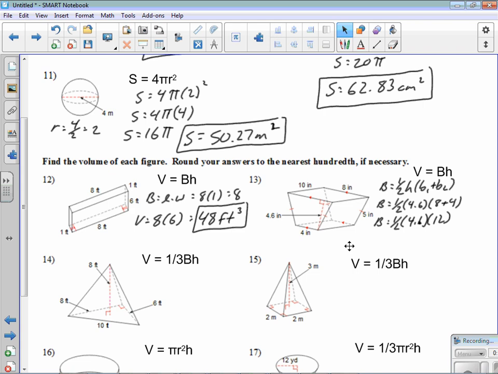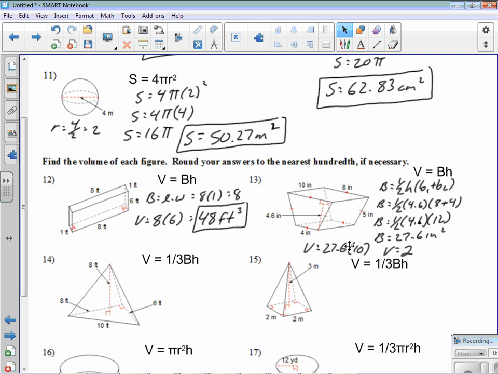And if we multiply that out, so that's going to be area of the base is 27.6 inches squared, and for the volume, it's area of the base times height, so 27.6 times 10.